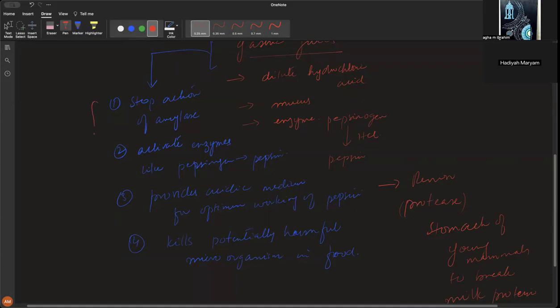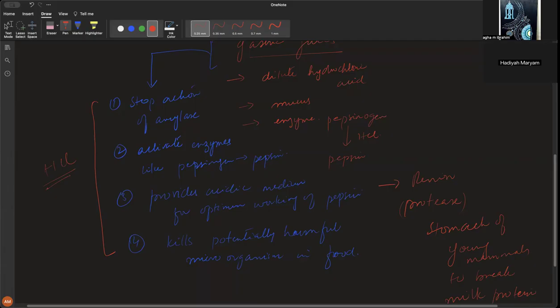Basically, all of these are the functions which are generally due to the presence of HCl. Hydrochloric acid is one of the major constituents of gastric juices that contributes to all of these things.